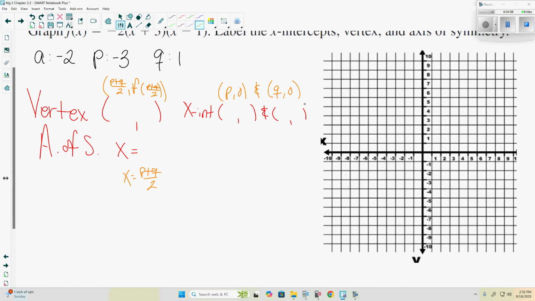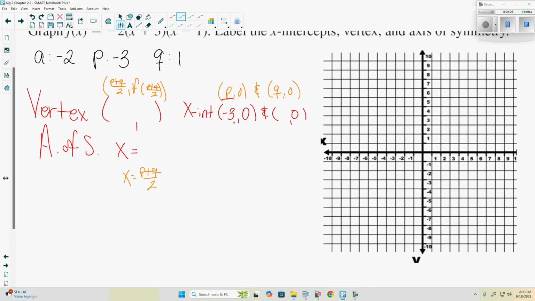Out of all this, the x-intercepts are going to be the easiest to find first, because the y value at the x-intercept is always going to be 0. At the x-axis, the entire x-axis, the y value is indeed 0. Looking at both of these, what's the value of p? -3, so we'll plug it in, telling us that one of the x-intercepts is the point -3, 0.